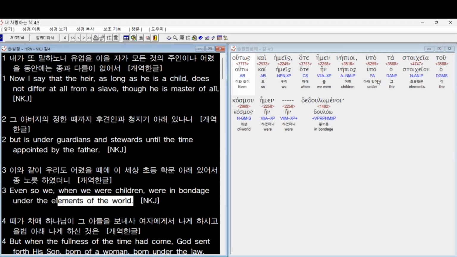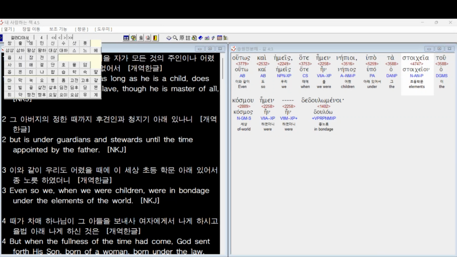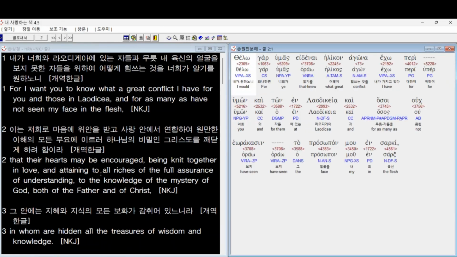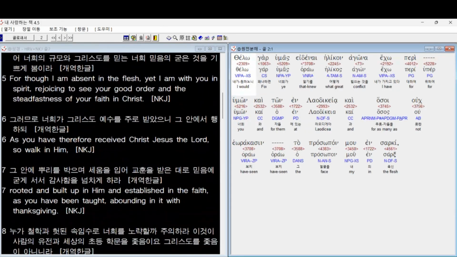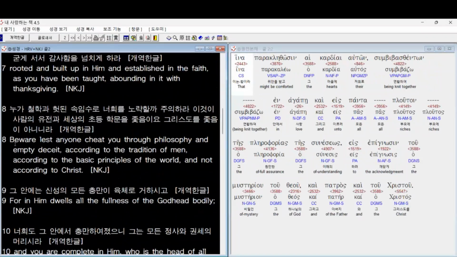Elements of the world, the Greek word is stoikeia. Then what is the stoikeia? When we go to Colossians chapter 2, verse 8, beware lest anyone cheat you through philosophy and empty deceit, according to the tradition of man, not God's commandment.